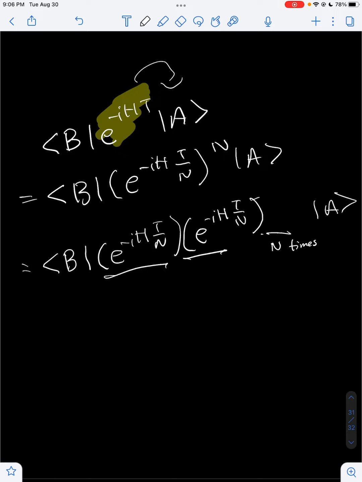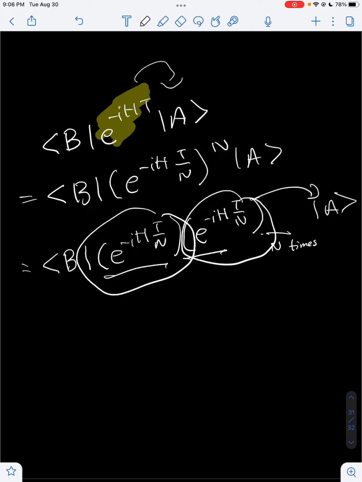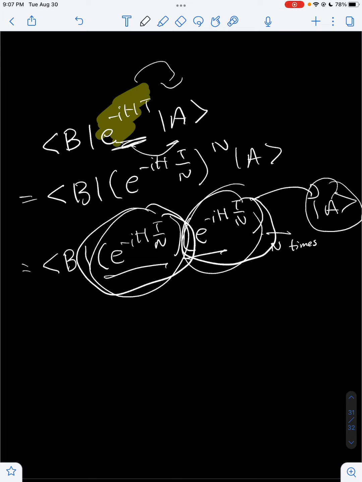They're all acting on A. Like, does A really deserve all that attention? It would be really nice if we could have each of these time evolving factors act on their own state, just like how this one did. We had one of these factors act on A. It would be nice to have each one of these time slice factors act on their own position state instead of them all acting on A.